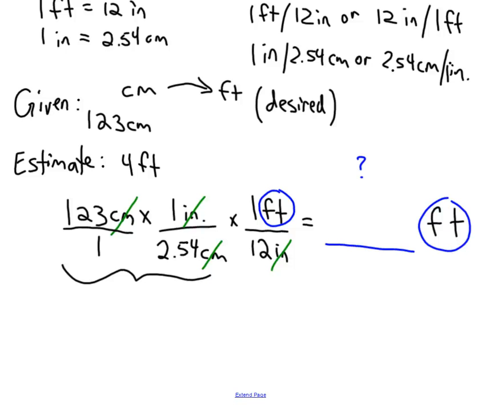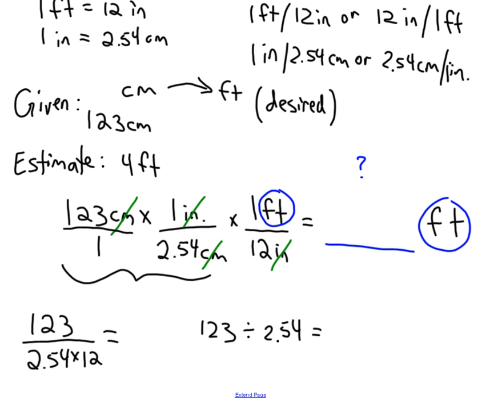So we could approach it like that. That would be one way. 123 times 1 times 1, all over 2.54 times 12. Alternatively, you could just, on your calculator, go 123 divided by 2.54 times 12, or you could enter in 123 divided by 2.54, press equals, and then take that result, whatever that is, and then divide that by 12, and that'll give you your answer as well.